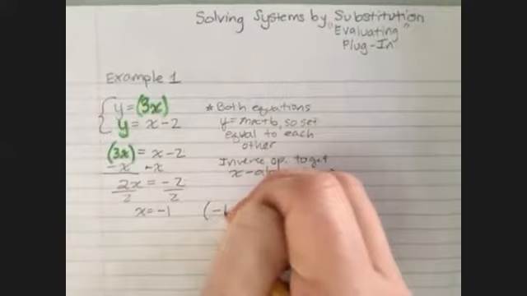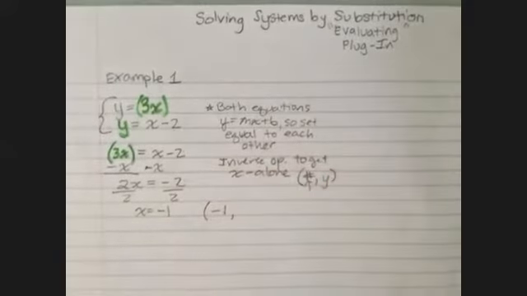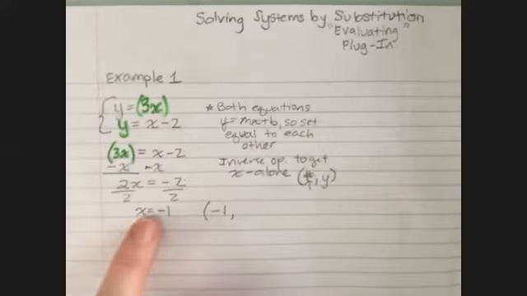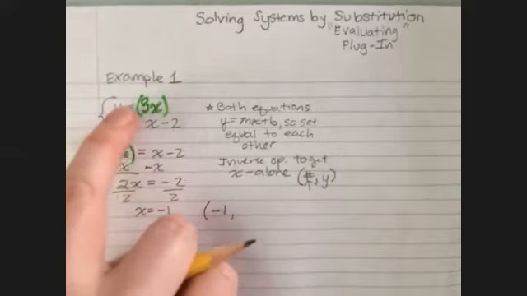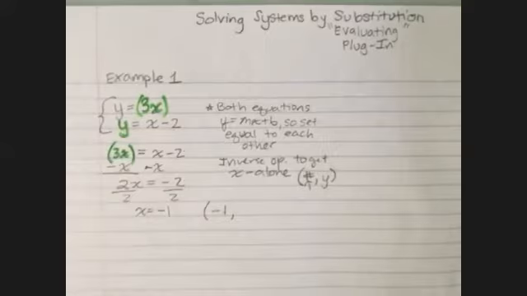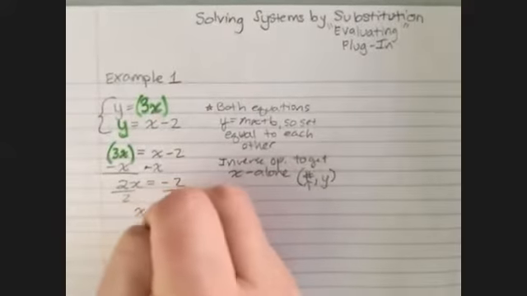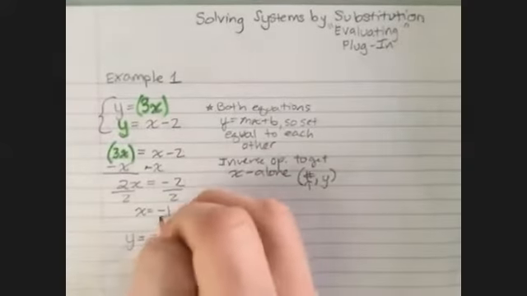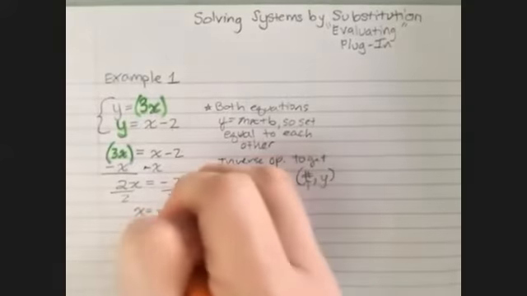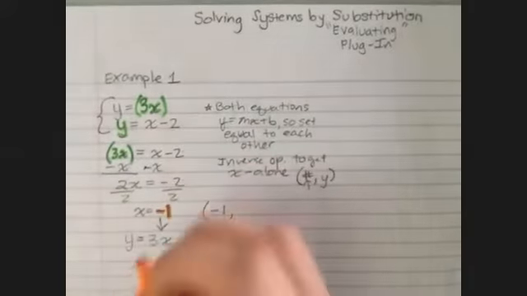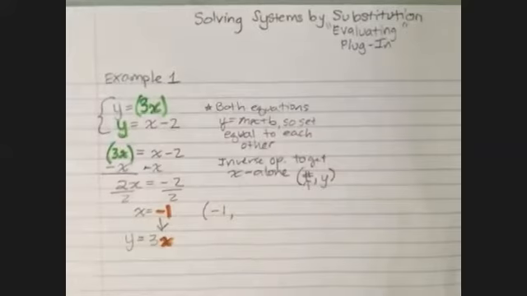I now know that for the solution, my x value is negative 1, but I still do not have my y value. To get the y value, it doesn't matter which equation you pick, but just pick one and then plug in the x. I usually take the first one. So I'm going to rewrite 3x, but this time I'm going to plug in the x. So once you figure out the solution here, now you're going to plug this guy in.